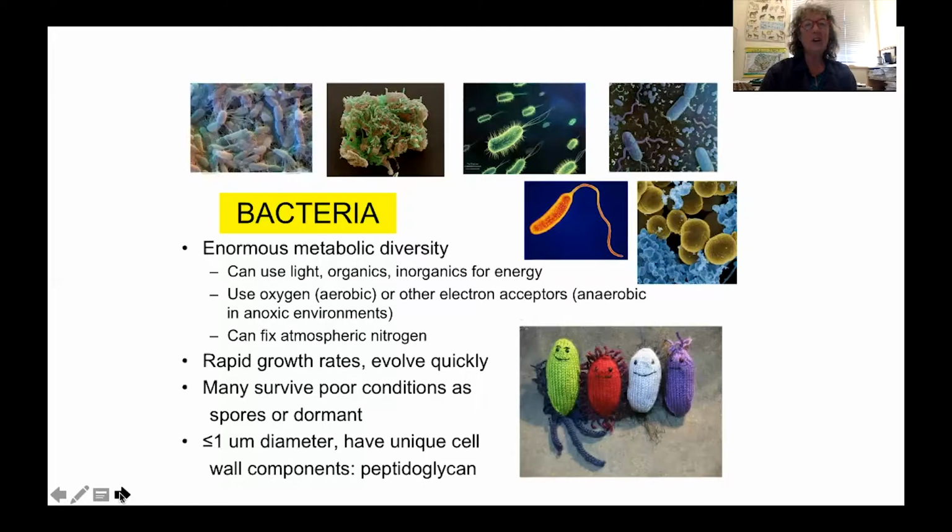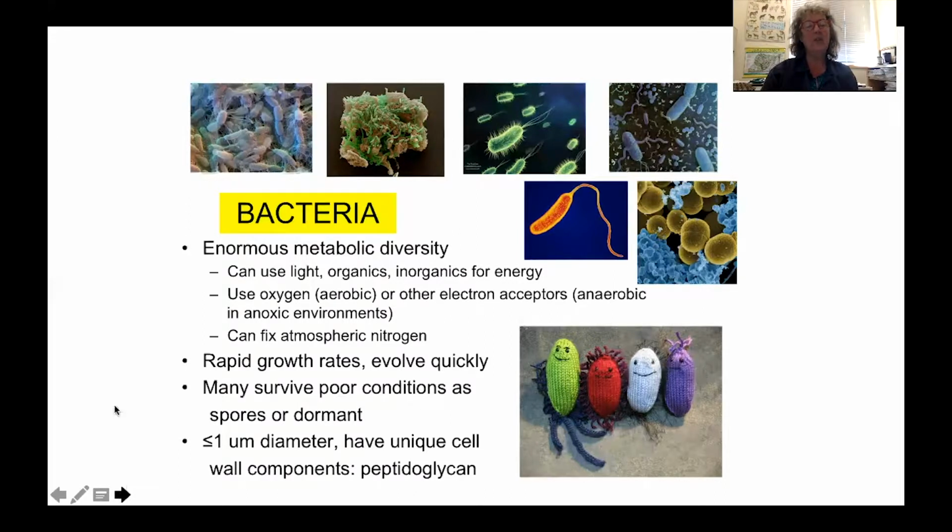So let's start to talk about particular groups of organisms and start with the bacteria. Very major group of organisms in the soil, they have enormous metabolic diversity. And we'll talk at the end of this lecture about lifestyles or how organisms are making livings. But they can use all different kinds of things for obtaining energy.